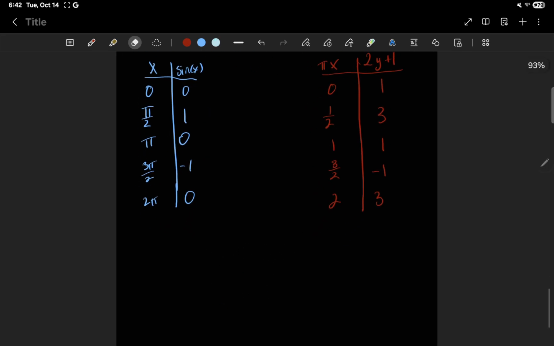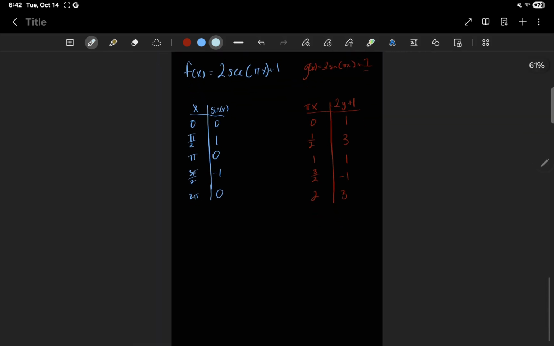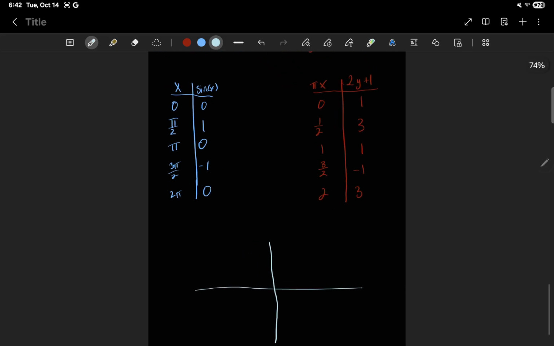So now to be able to graph, I'm still just focusing on sine. I'm going to graph sine. So our x values are 0, 1/2, 1, 3/2, 2. And our y values are 1, negative 1, and 3. So 1, 2, 3, negative 1.